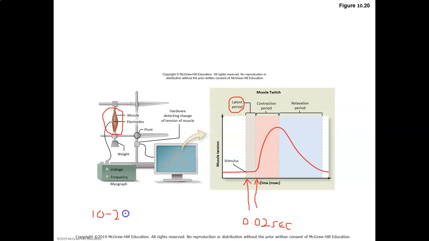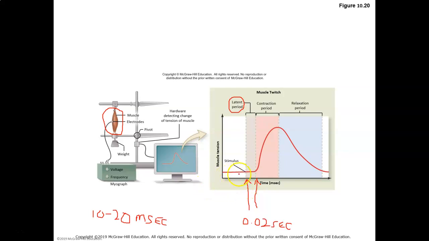This is average too, okay? This looks terrible. 10 to 20 milliseconds. So that's how you'll see it sometimes written out. MSEC. What does that mean? 10 to 20 milliseconds. That's the same thing here. 0.02 seconds is the same thing as 20 milliseconds. So it takes about 10 to 20 milliseconds.